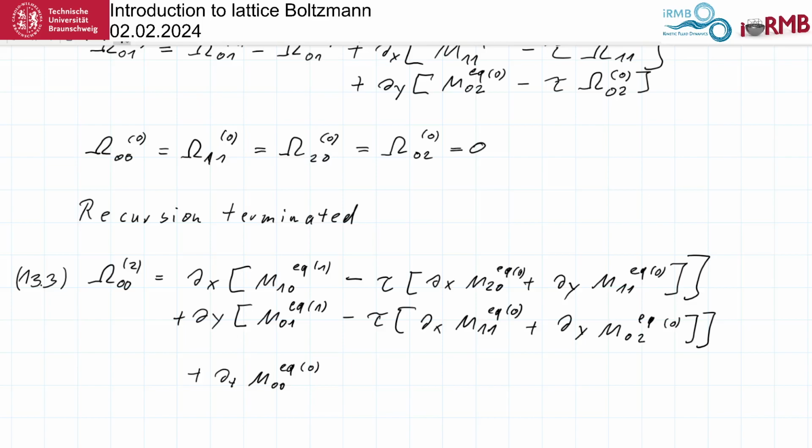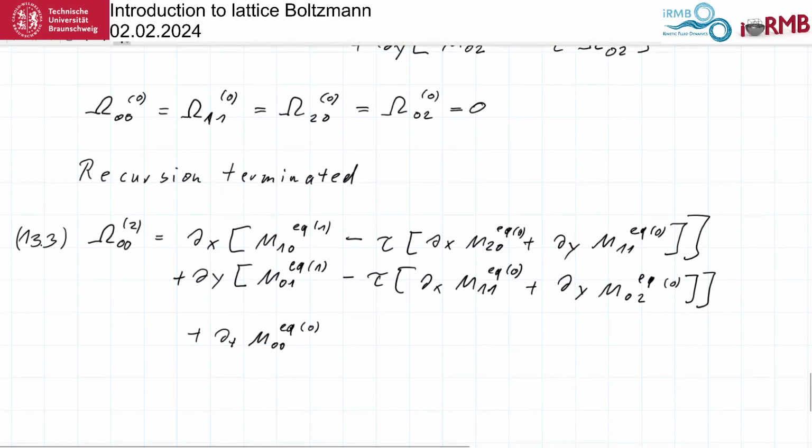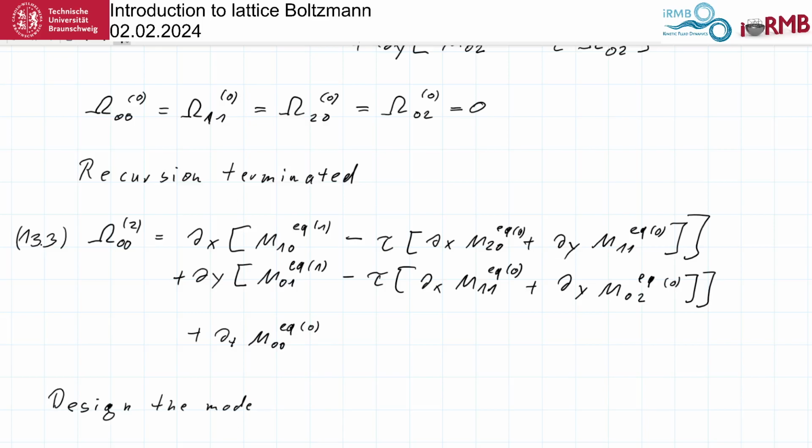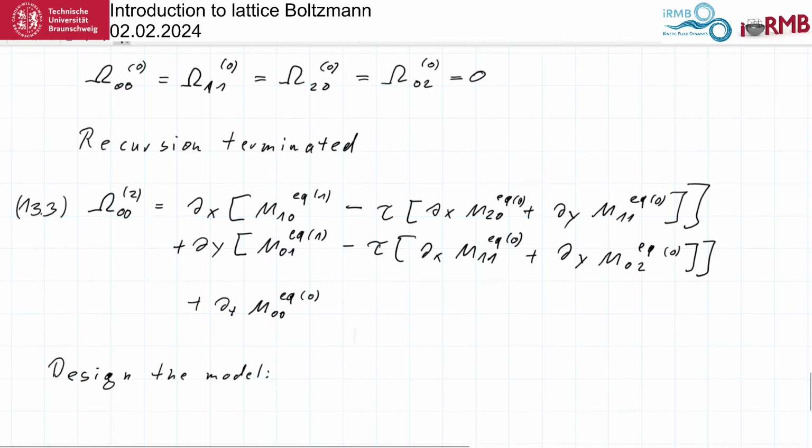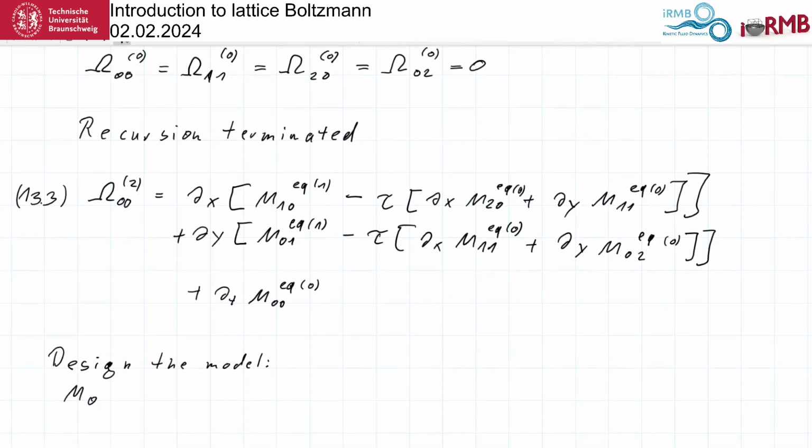So this is how we design our model. So we get to design the model. This is M00. M00 is conserved, or say it's a collision invariant, so M00 equilibrium is equal to M00.